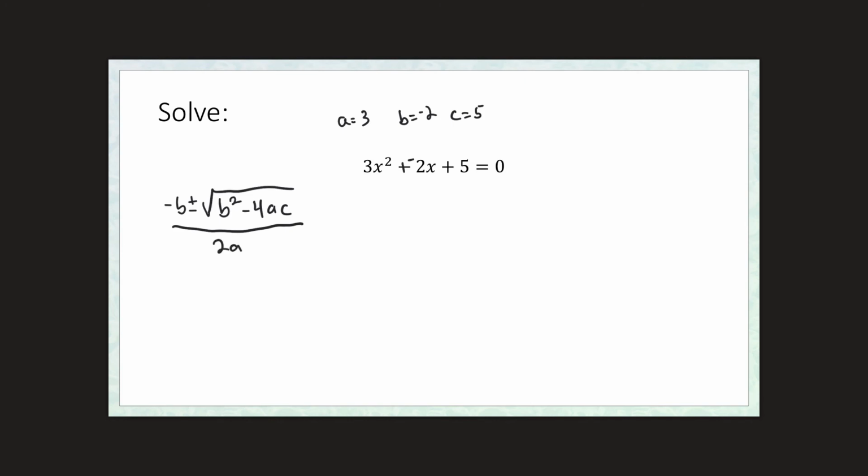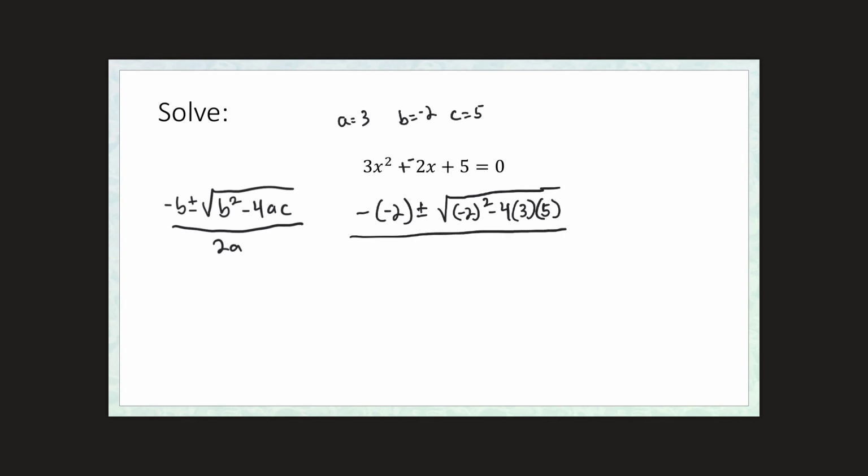So it will be negative 2. Notice the double negatives because it's a negative in front in the formula, and then b itself is negative, so we kind of have a negative situation. And b is negative 2 squared minus 4 times a, which is 3, times c, which is 5.